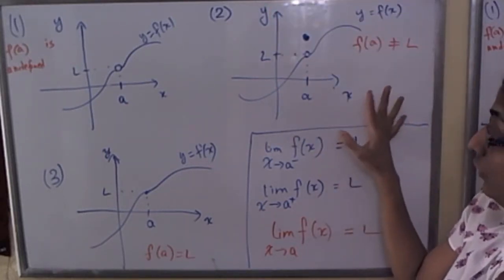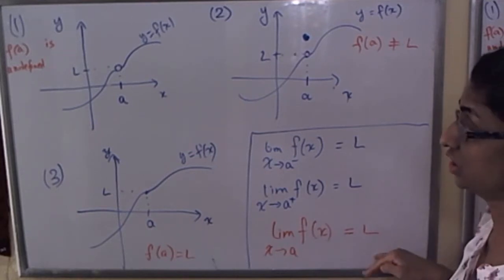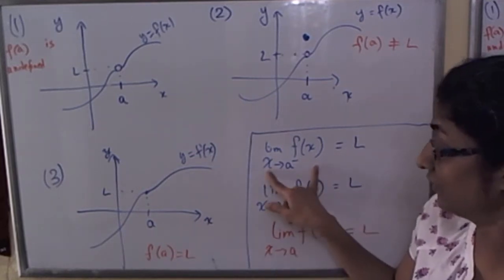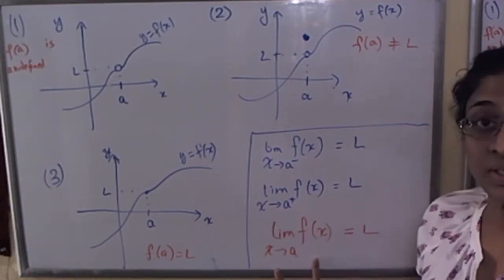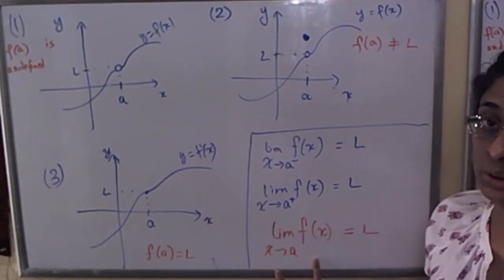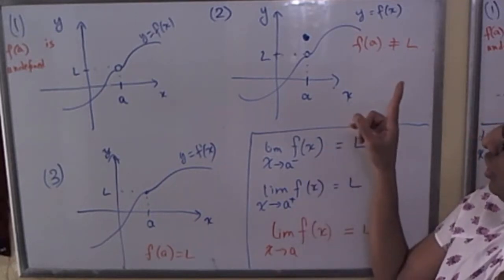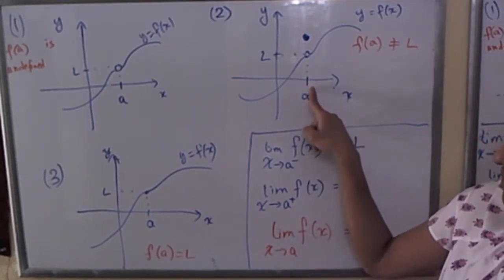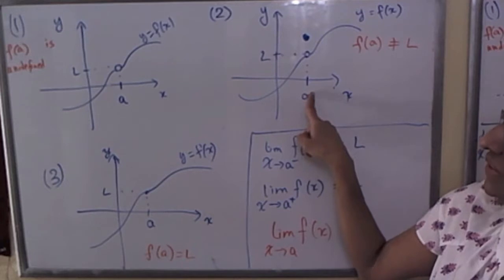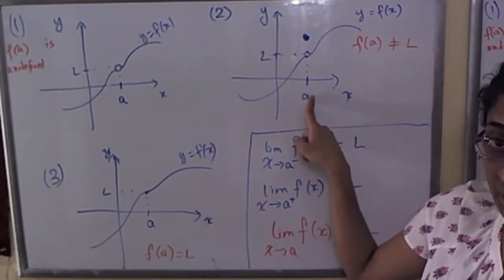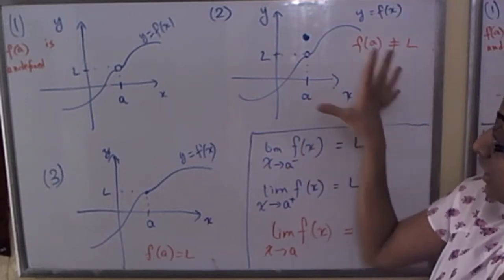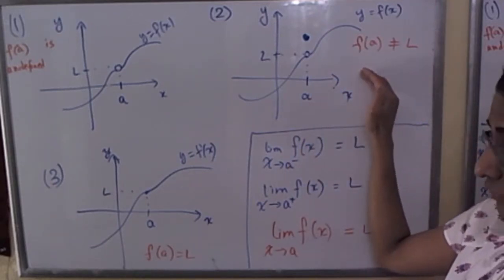But these answers do not change, because to compute the left-hand limit or the right-hand limit, or in fact the two-sided limit, we never look at what the functional value is at A itself. x is never A when x approaches the point A. So that's why these answers are the same for this graph too.